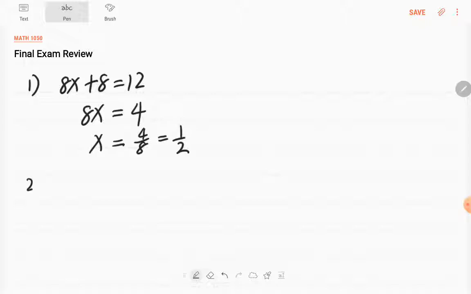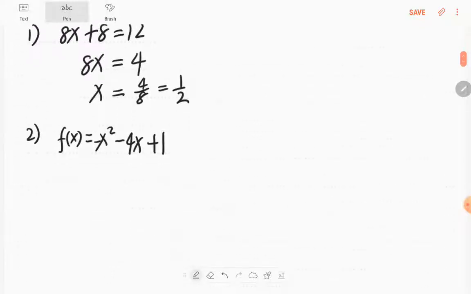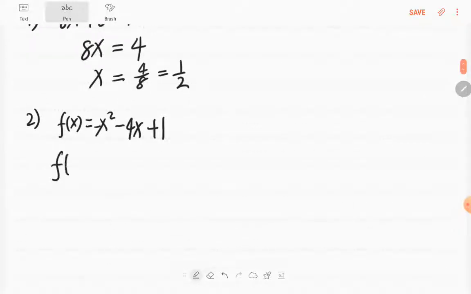The second one, f of x equals negative x squared minus 4x plus 1. So what is f of 4? F of 4 is you replace x with 4, so negative 4 squared. Okay, so this square is on the 4, not on the negative.